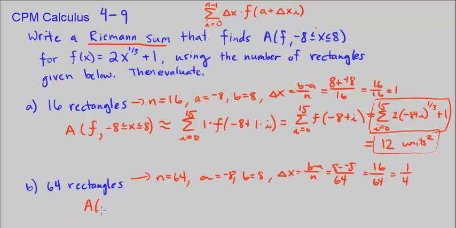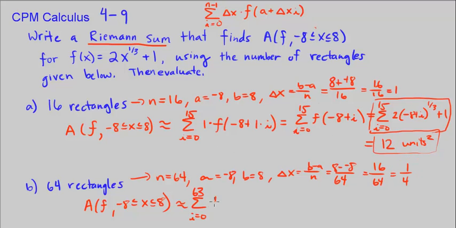So then the area between our curve, between negative 8 and positive 8, is approximately, we start at i equal to 0 and go to n minus 1, so that's 63. This time, delta x is not 1, so let's account for that.